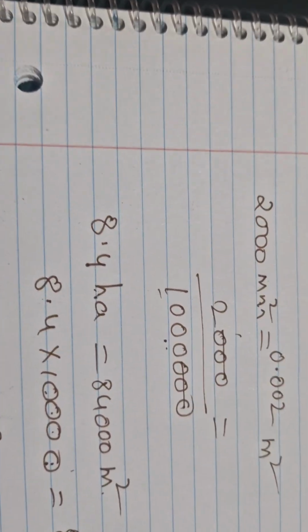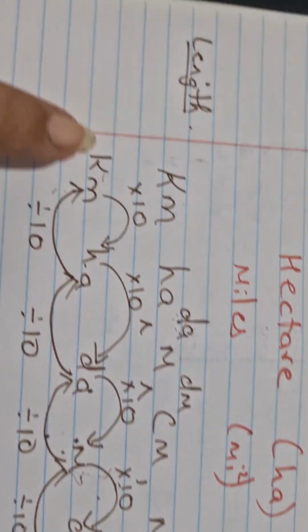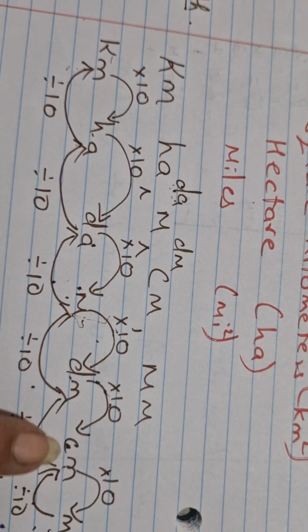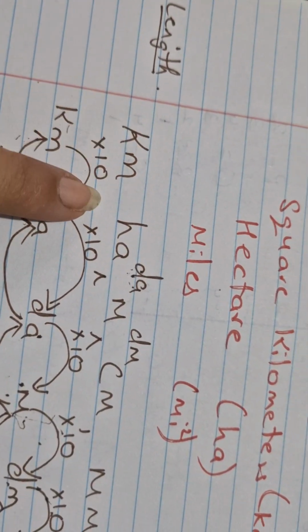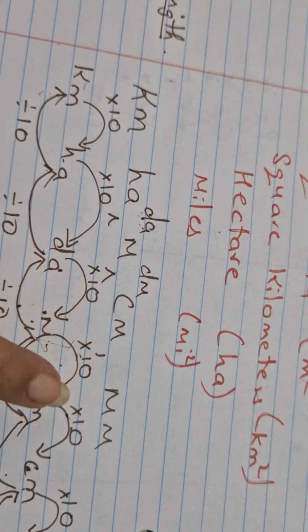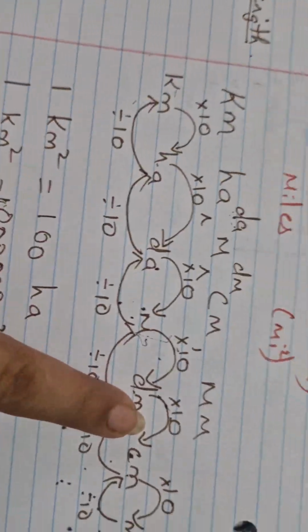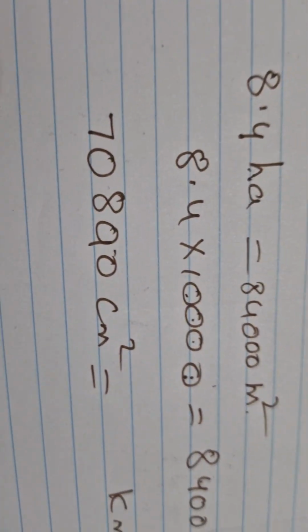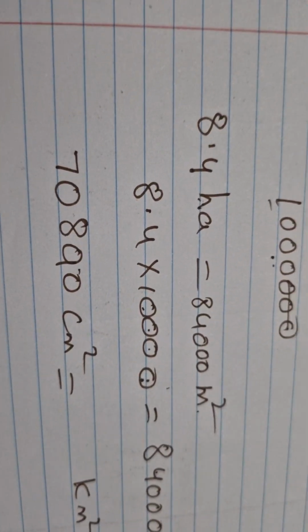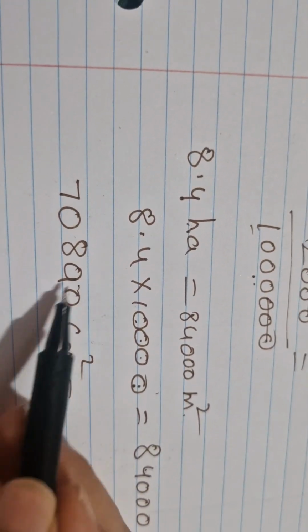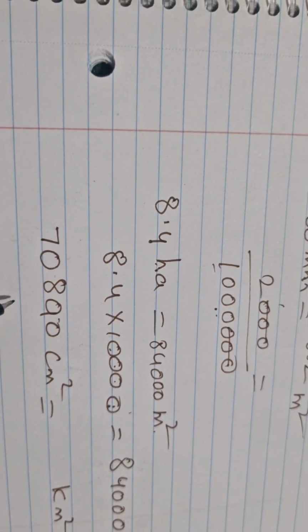So 1 km is how many centimeters? Draw this table. 1 km is here and cm is here. So count the zeros. 1, 2, 3, 4, 5. So there are 5 zeros. So 5 plus 5, 10 zeros will come and you are dividing with 10 zeros. Why? Because we are converting from smaller to big.